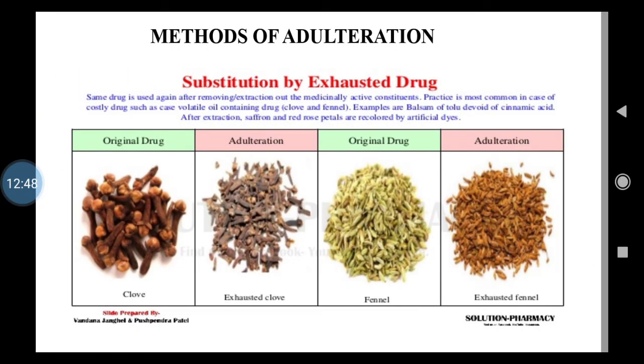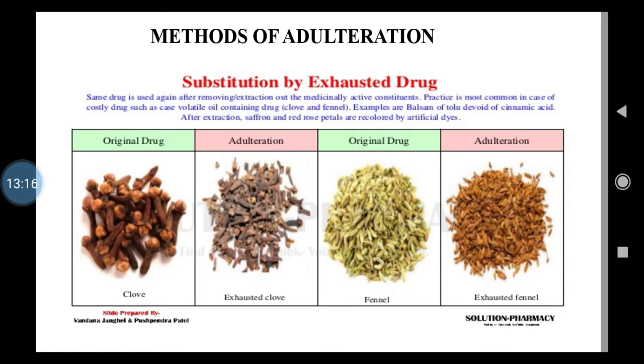One is substitution by exhausted drug. Now, what does exhausted drug mean? Exhausted means that in these naturally occurring drugs, the active principles have been removed, extracted, and then the drug is again used as an adulterant.